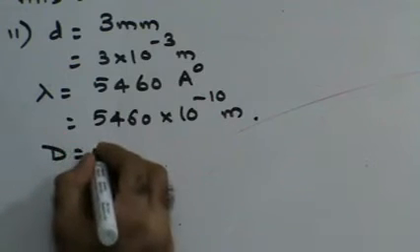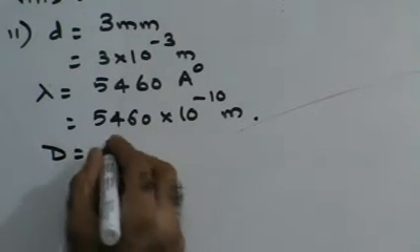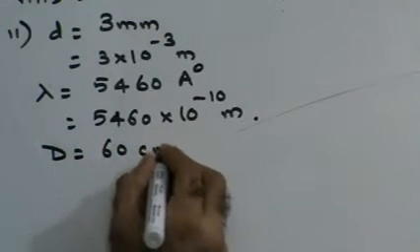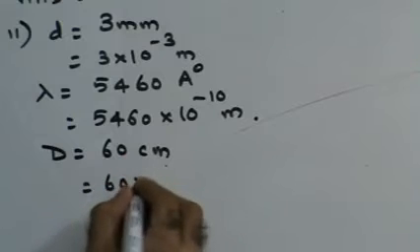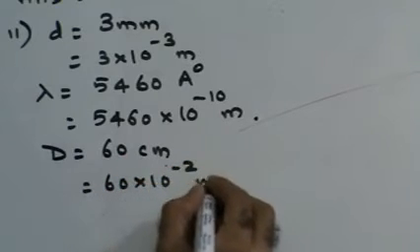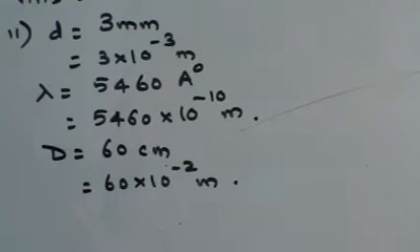If the distance between the slit and the screen is 60 centimeters, find the change in the fringe width.